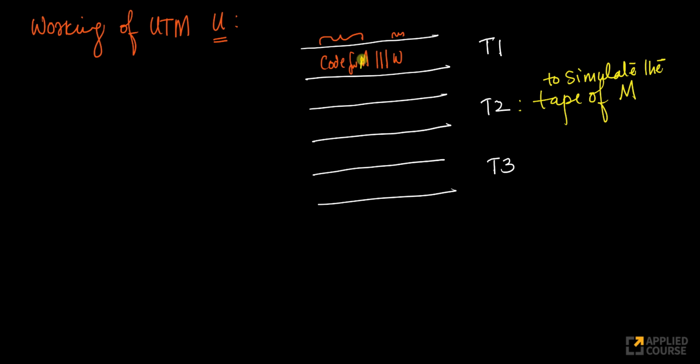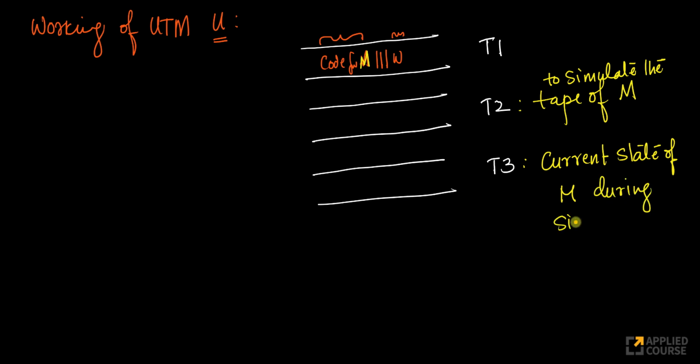So this Turing machine is M. This whole Turing machine is U. T3 itself I'll use to store the current state of this Turing machine M while I am simulating the whole thing during simulation.